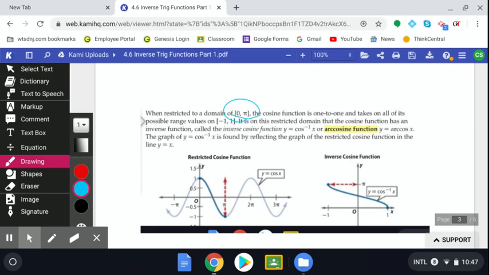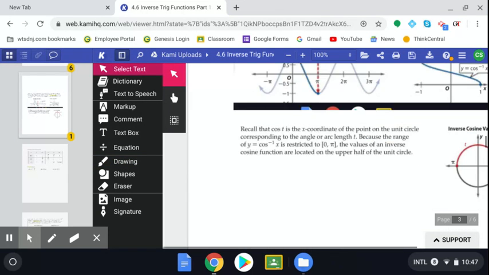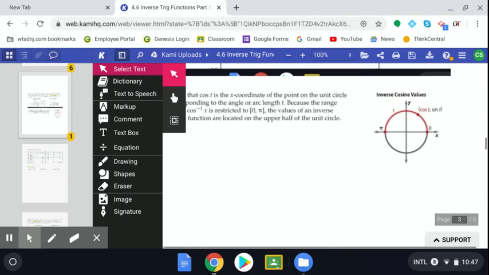So now for sine, it's negative pi over 2 to pi over 2. Now it's going to be 0 to pi. So you can see your little circle there. Before you had first and fourth quadrants, now you have first and second quadrants.